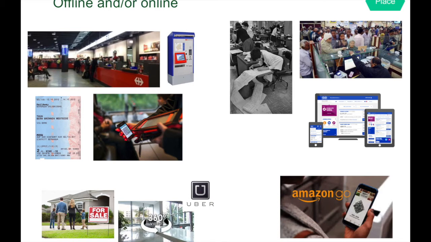Here, the example would be that this automatic machine on the right side is like an easy step. That's just replacing the counter. If you really want to go online, so that's a smartphone with the QR code, then inside the train, you have to have the devices to actually read those QR codes as well. So if you really want to go online, you have to have an end-to-end solution.